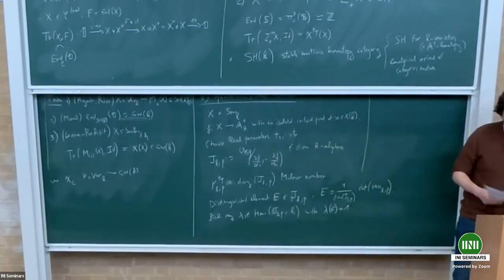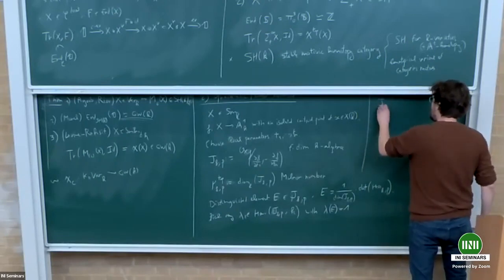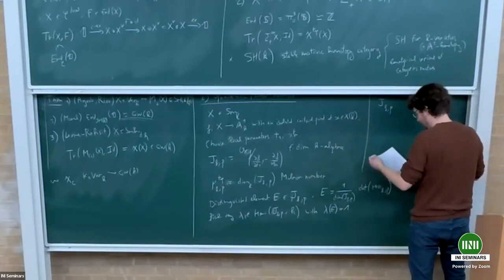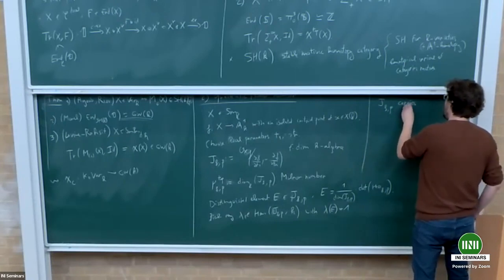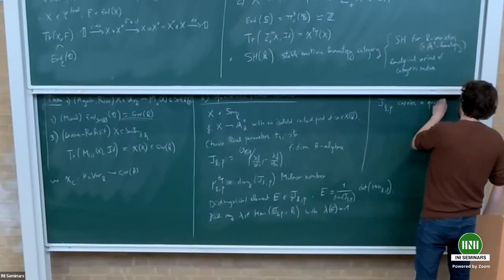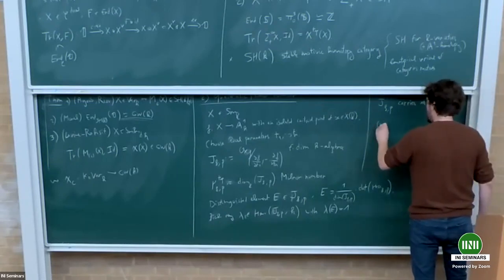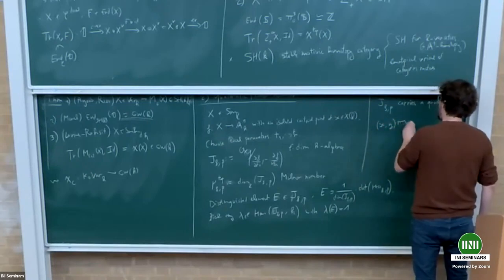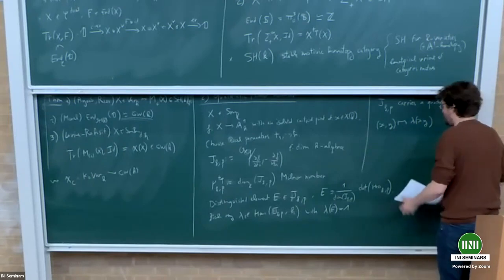And then, the claim, and this is not completely trivial in positive characteristic, I think it's due to Scheja and Storch in general, is that this carries a quadratic form, which is defined as follows: x, y is sent to lambda of xy.